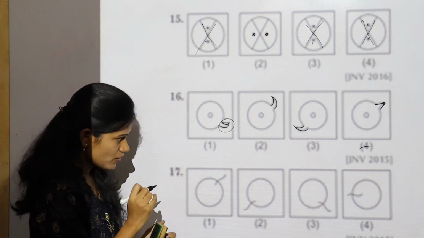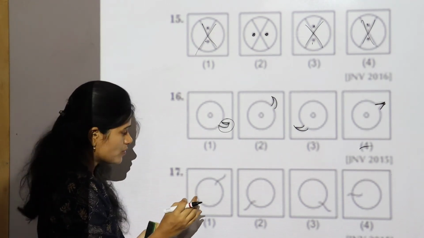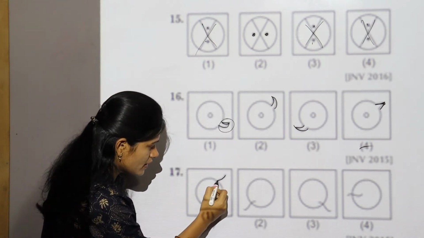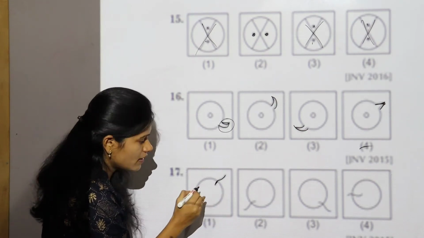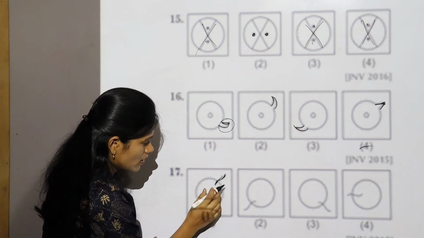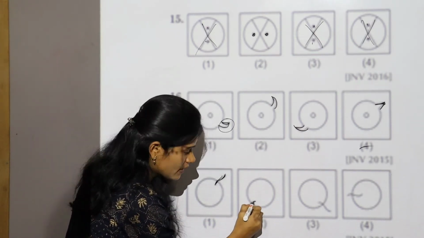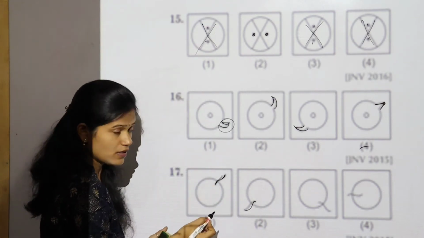Let's take 17th question. For this, you observe all the boxes carefully. See this curve line cut. In the first box it is short at the middle, larger at the outer side of the circle. In the second box, this curve line cut is short at the middle, more at the outer of the circle.